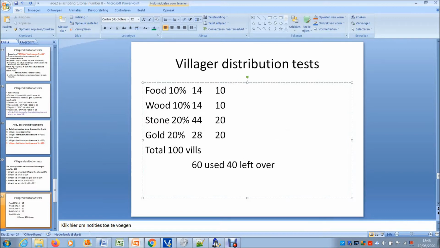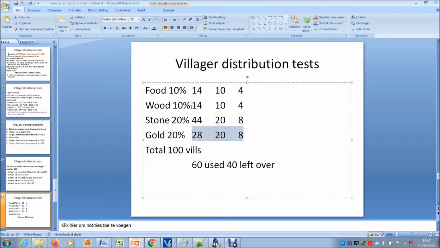We see the 40 left over, suddenly a connection, because the result was 14 and the percentage is 10. 14 equals the original 10 plus again 10% of what's left over: 4, 4, 8, 8. 20% of 40 is 8.